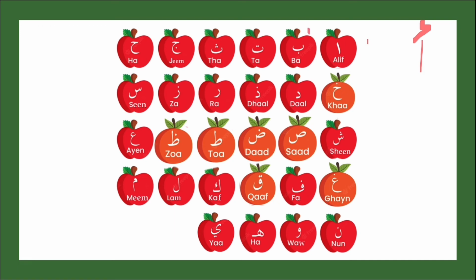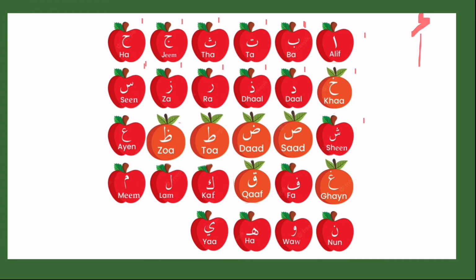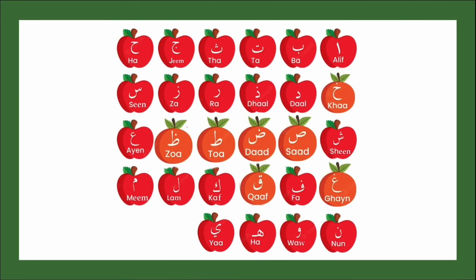Ba, ta, tha, jim, ha, kha, dal, dhal, ra, za, sin, sheen, sad, dad, ta, za, ain, ghain, fa, qaf. The letter is kaf. Lam, meem, noon, waw, ha, ya.